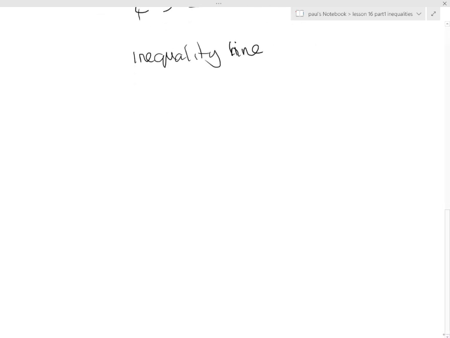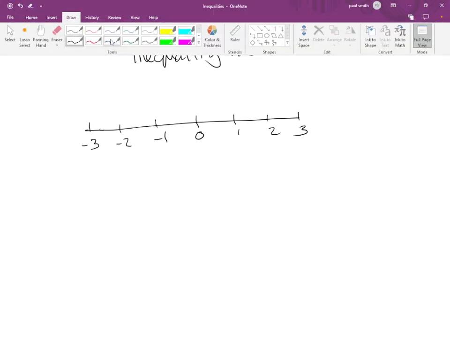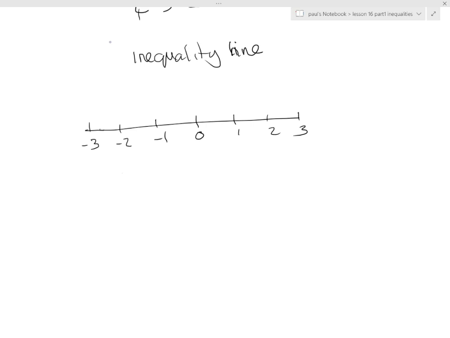So what we're going to do is we're going to have a simple number line, 1, 2, 3, minus 1, minus 2, and minus 3. So we're going to represent in blue, because I'm going to do a couple on the same one, save a bit of space, yeah? X is less than 2.